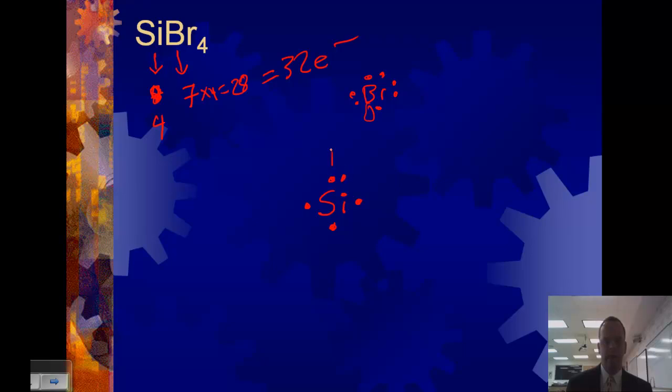So I'm going to put 1 bromine on this side with its remaining 7 electrons, one bromine on this side with its remaining electrons, one bromine on this side with its remaining electrons, and one bromine on this side.